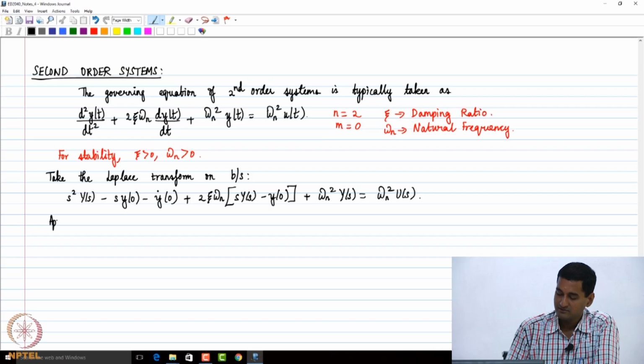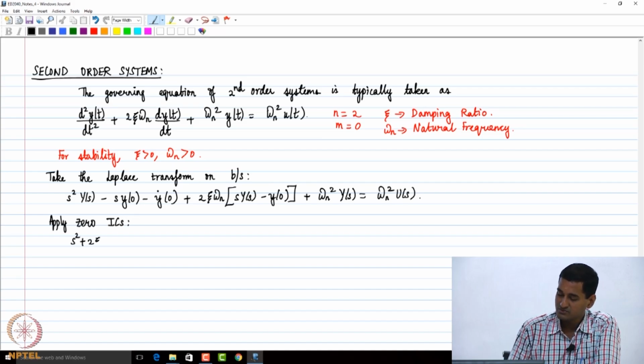Now we apply zero initial conditions. We get s squared plus 2 zeta omega n s plus omega n squared, times Y of s, equal to omega n squared times U of s.